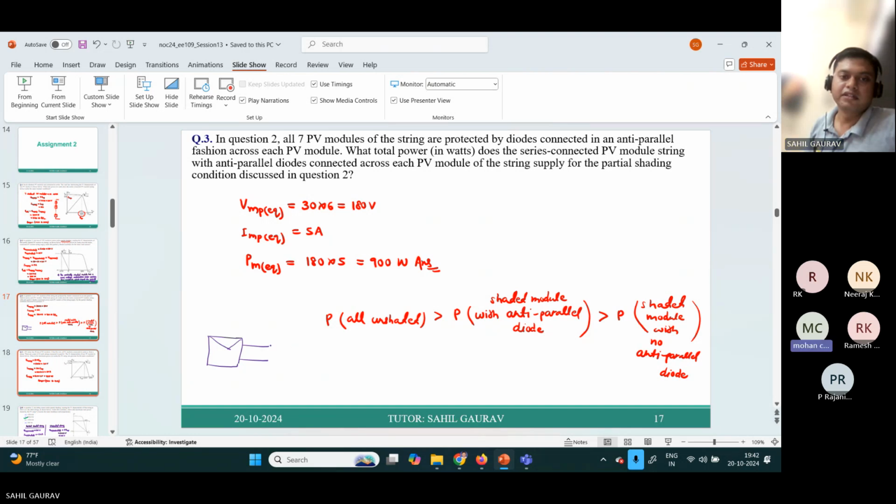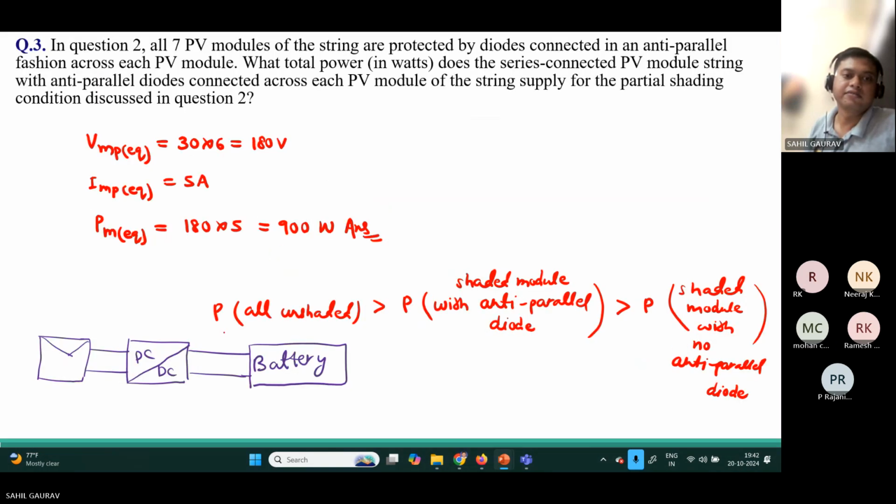So it depends, there are many types of configuration. Like if you have a DC-DC converter here, and you directly connect it with the battery, and you want to draw power from this PV module at the maximum power point.